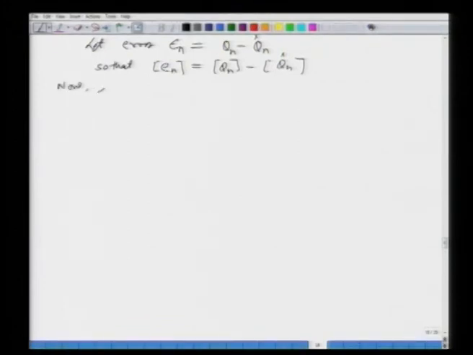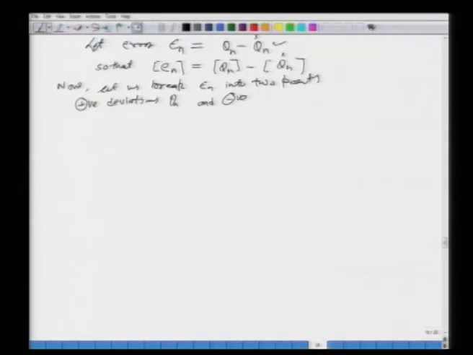Now, let us break this epsilon into two parts. That is positive deviations, which we are calling theta n, and negative deviations, which we will call beta n.